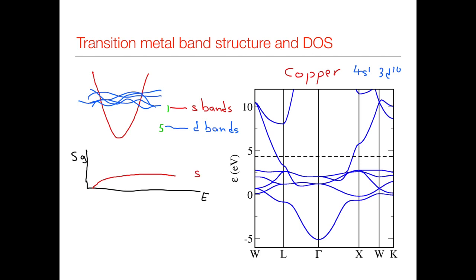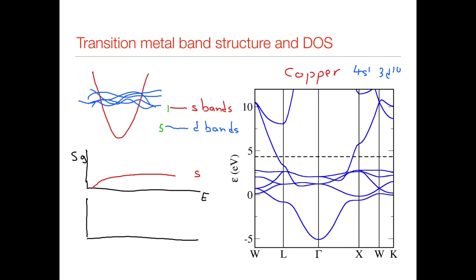What about the D states? If the bands are very flat, it means that if I pick an energy here, there are going to be a lot of states that satisfy that energy. So this energy range is quite small, but the density of states there will be quite high.